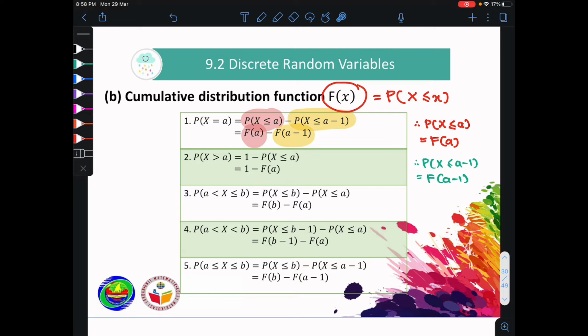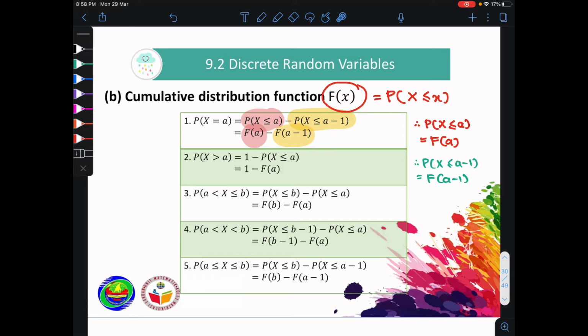Probability of a < X ≤ b is equal to probability of X ≤ b minus probability of X ≤ a, which is also equal to F(b) minus F(a). Property number 4: probability of a < X < b is equal to probability of X ≤ b − 1 minus probability of X ≤ a, which is equal to F(b − 1) minus F(a).